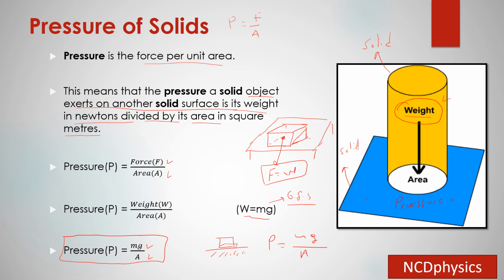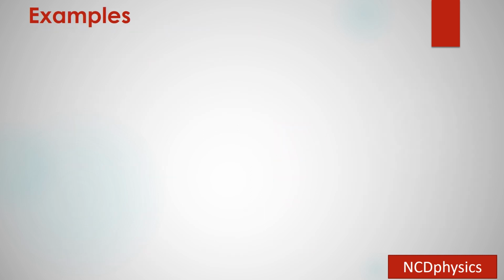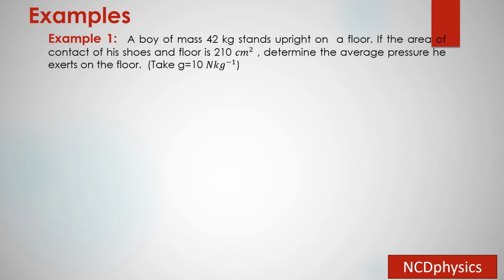Okay, let's do some examples together now. What is the first example? A boy of mass 42 kilogram stands upright on a floor. What is the meaning of the question? We have a guy standing on the surface. He has shoes.